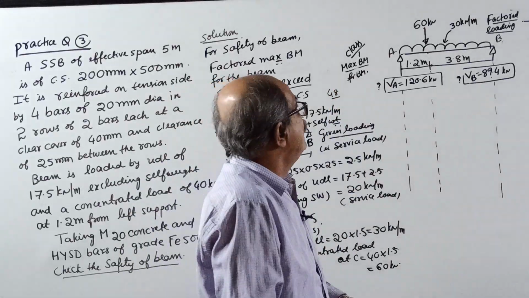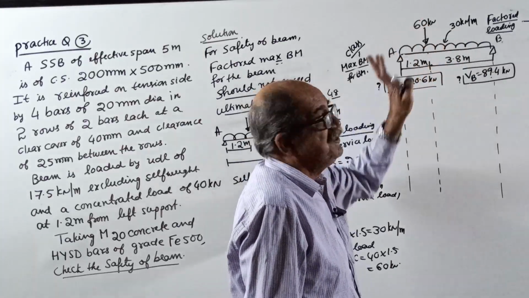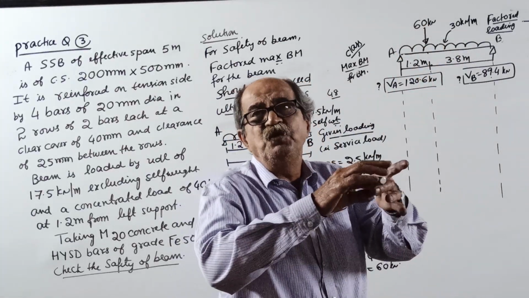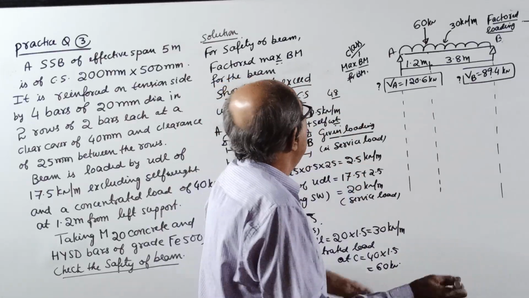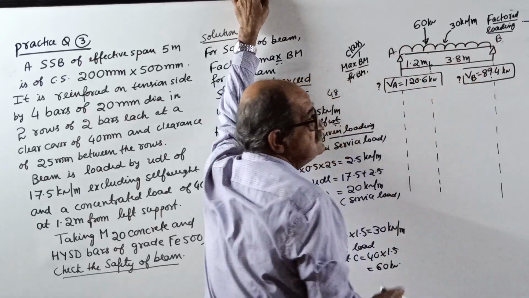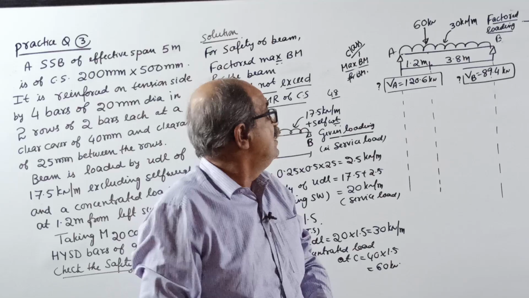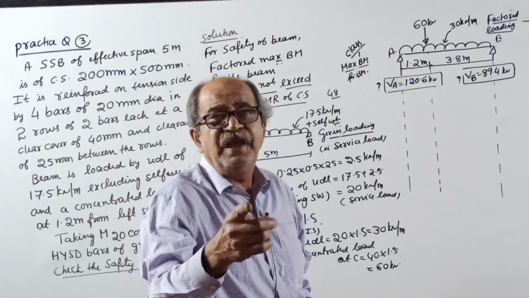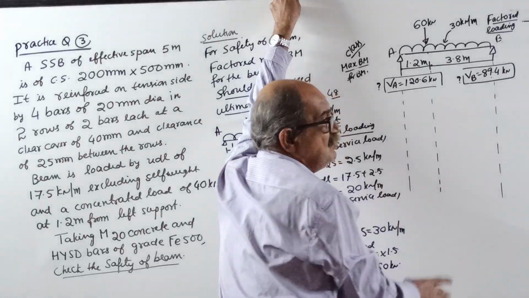But same means not 5 meter span, not 30 kN per meter, not 60 kN. A beam with UDL and a point load, eccentric point load. There, I remember, I put the point load at different positions so as to get different types of SFD and BMD.